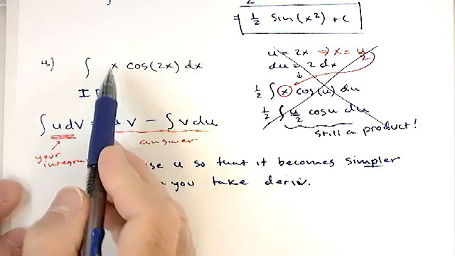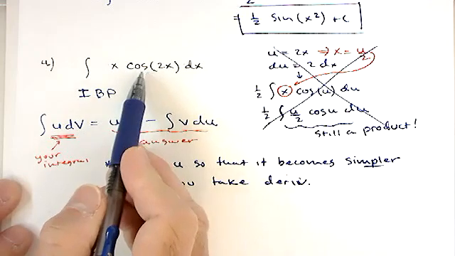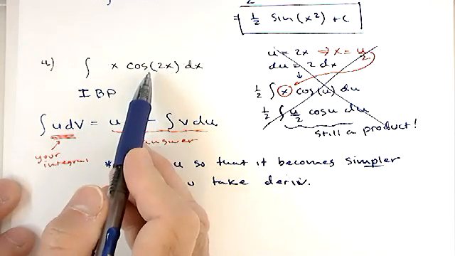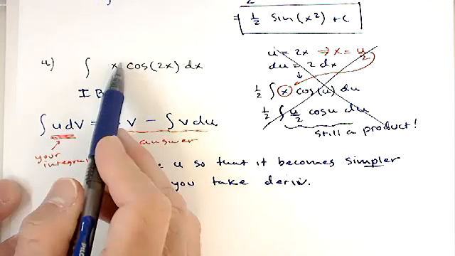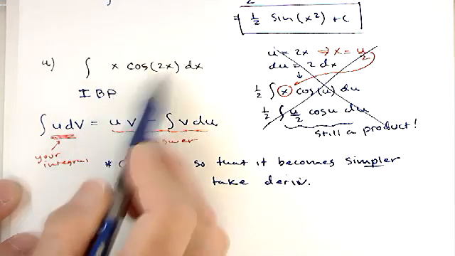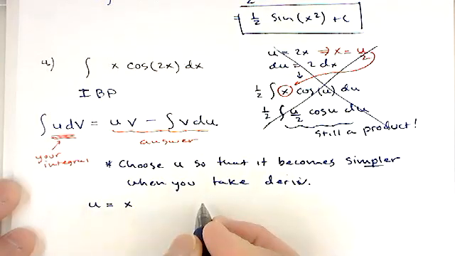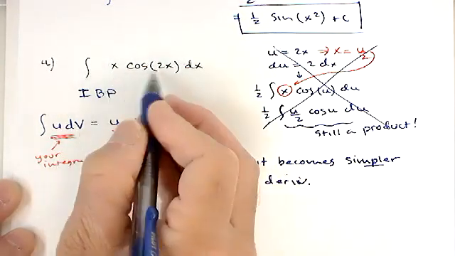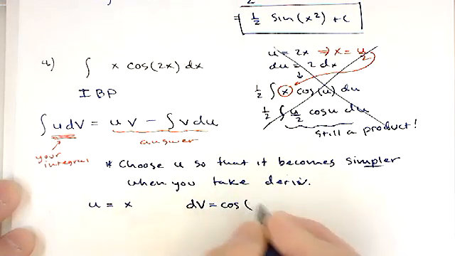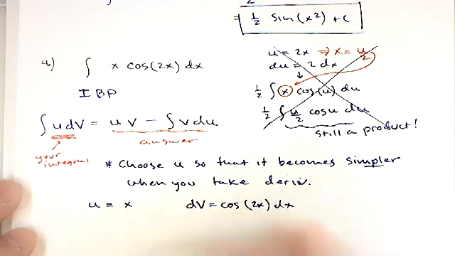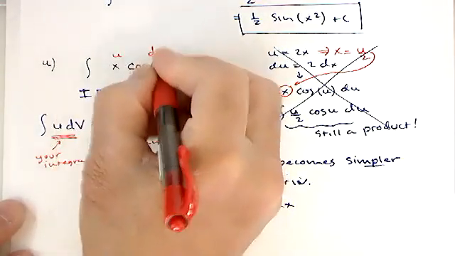I could either let u equal x, in which case the derivative is 1, or I could let u equal cosine of 2x, in which case the derivative is negative sine of 2x times 2. How many people agree the derivative of x is a lot simpler than cosine of 2x? So that is going to be my u. u is going to be x, which means everything that's left over has to be my dv. Okay, so in this case, but again, not always, this is my u, this is my dv.